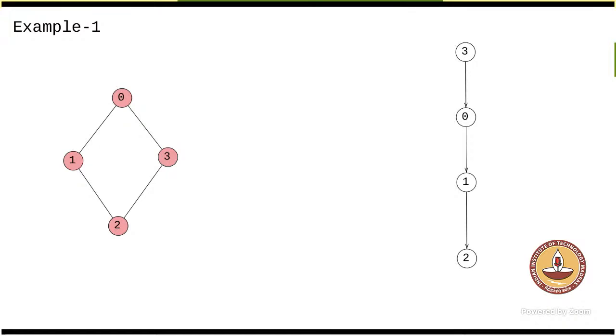In whatever we discussed just now, can DFS be used to determine something about the graph? Reachability. Okay, reachability. All right, that is one thing. Whether the graph is connected or not. Right? So DFS will tell us if the graph is connected or not.